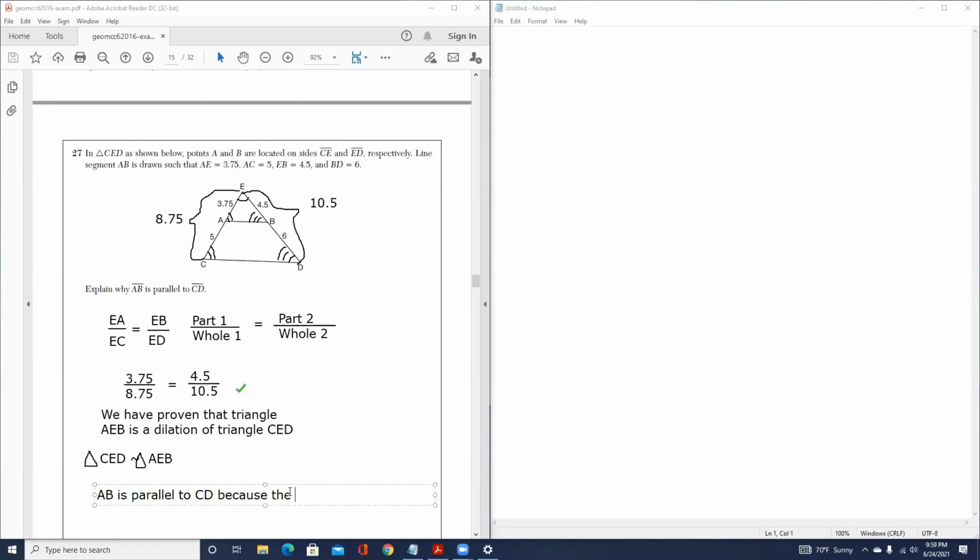So that AB is parallel to CD, because the angles created by the two lines... I should rewrite this because the angles created by... AB is parallel to CD because triangle CED is similar to AEB.